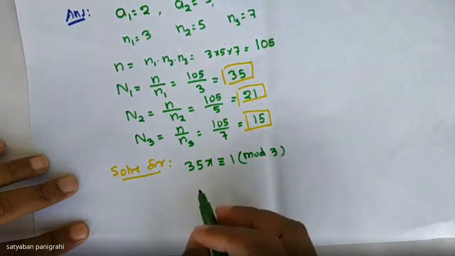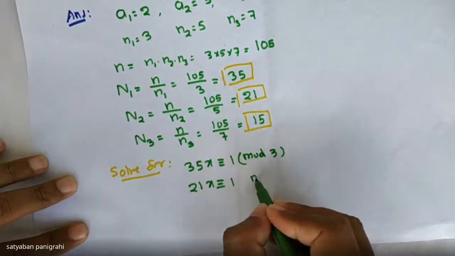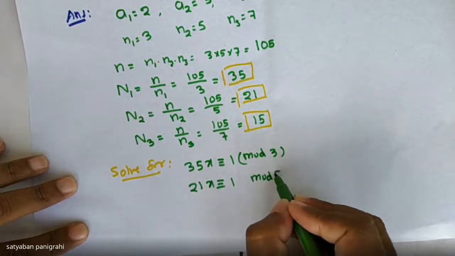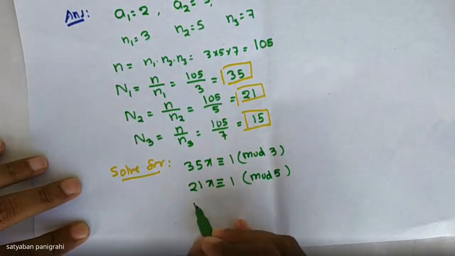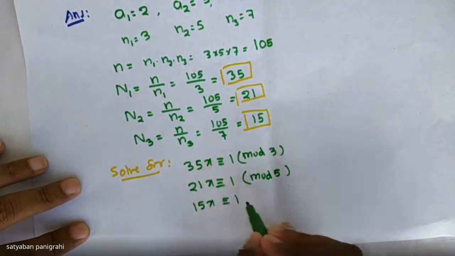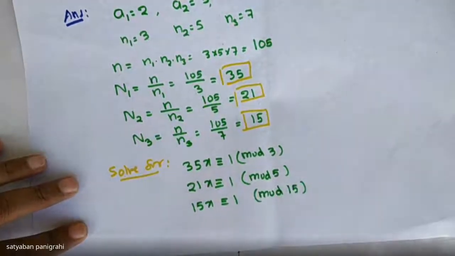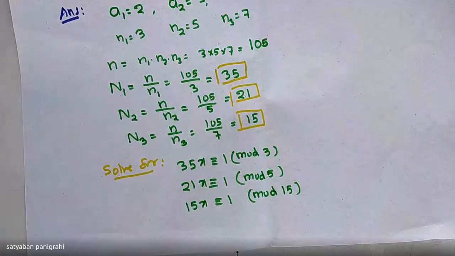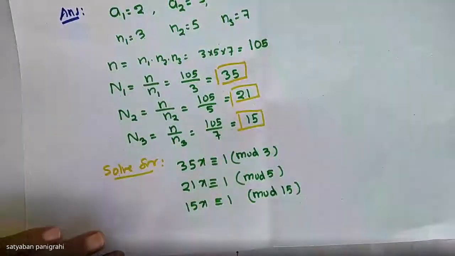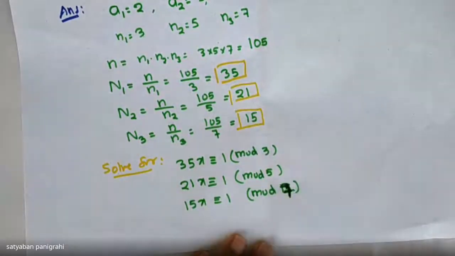Similarly, the second one, we have to solve 21x congruent to 1 mod 5, and the third part is 15x congruent to 1 mod 7. Sorry, the last is mod 7. Very good, 15x congruent to 1 mod 7.